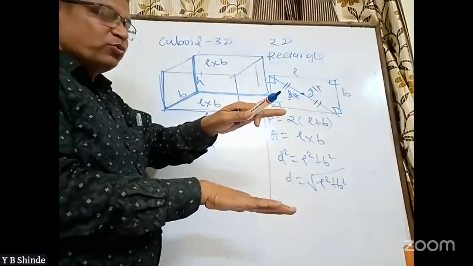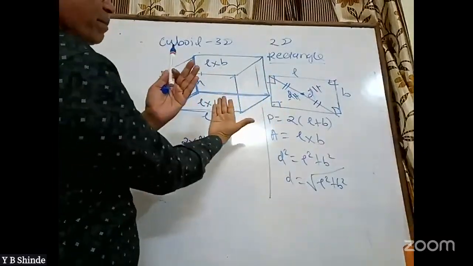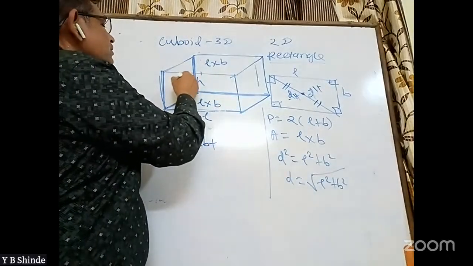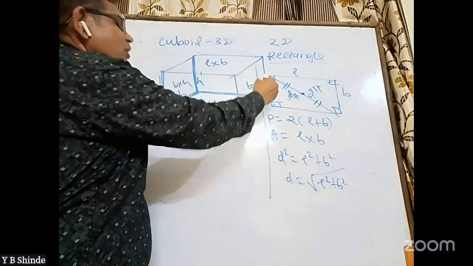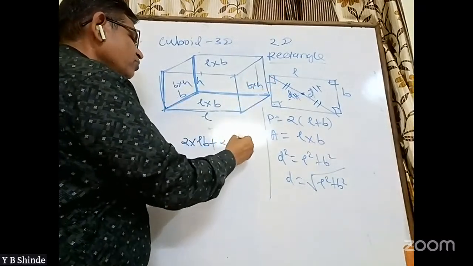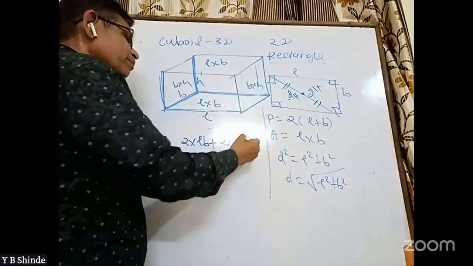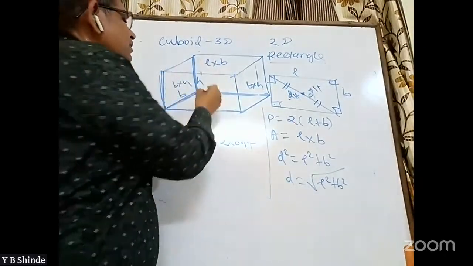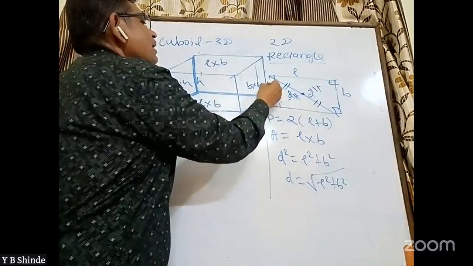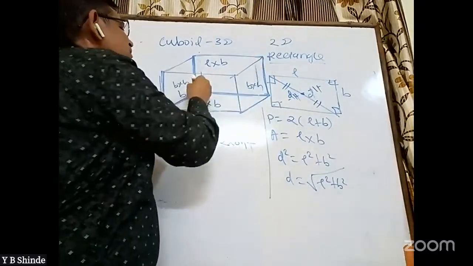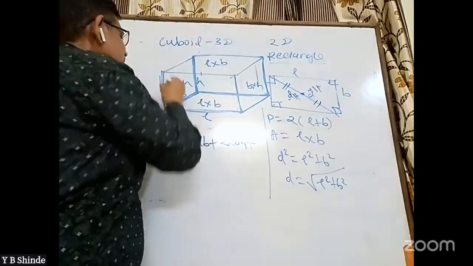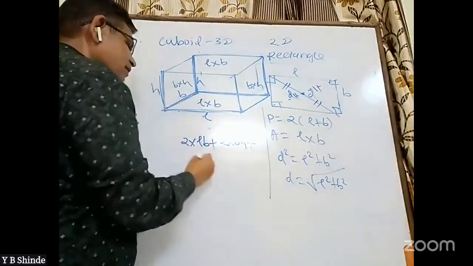These are 2 lateral. Back and front, these are 2, B into H. How many? 2 into B into H. 2BH plus back, this one L and this one L, front H and L.